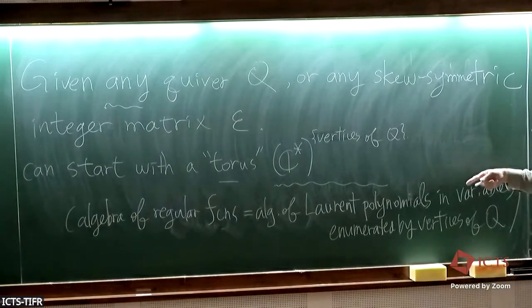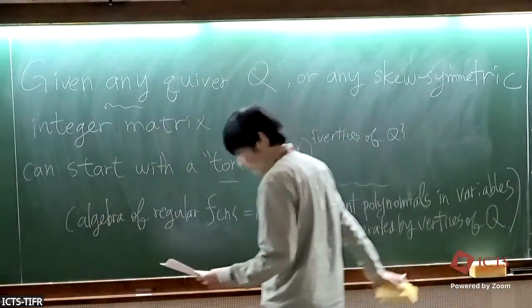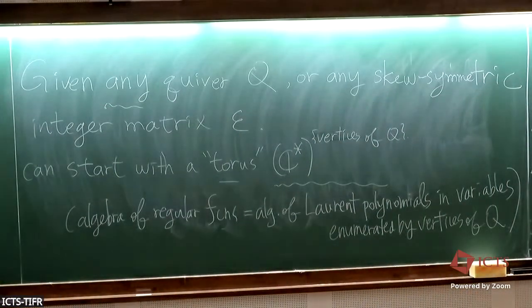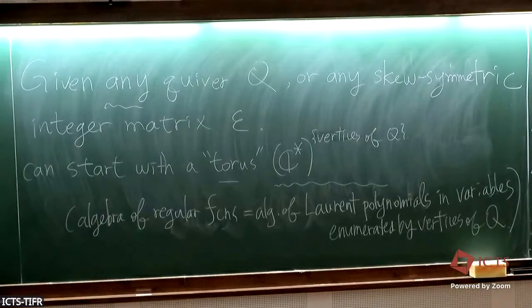You can take it as a definition of a regular function on a torus. And then you will be gluing these different copies of tori together with formulas that look like this. And the resulting space is called a cluster variety.